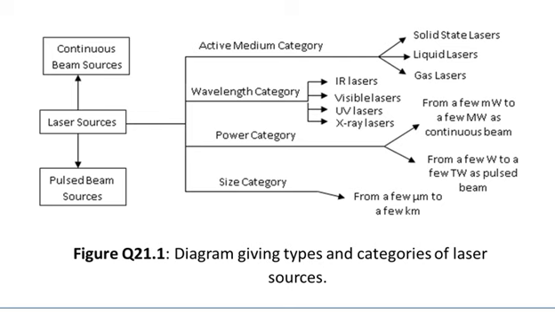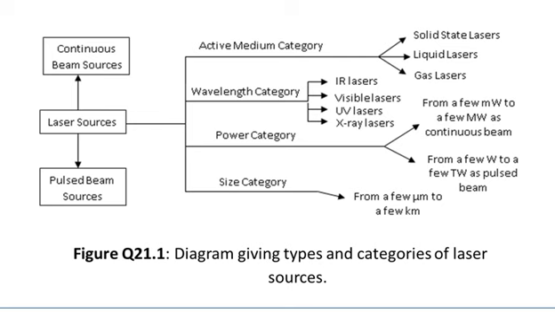Now let's see beyond these, the laser sources can be broadly classified with respect to the active medium, wavelength category, power category and size category. So we have these 4 categories which are shown in the middle.